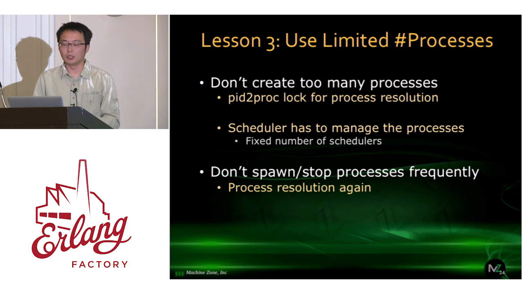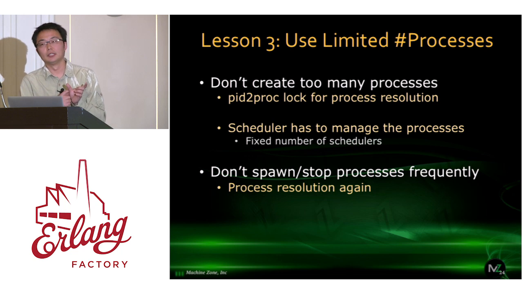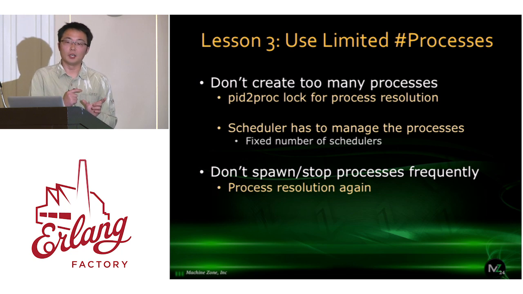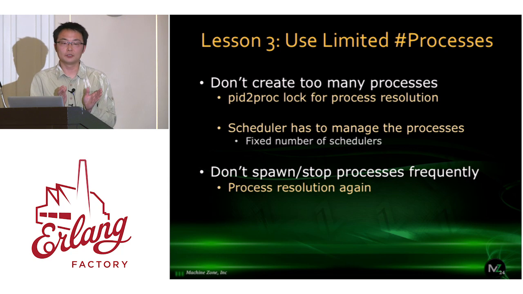We have this one global pick-to-proc lock, and when we did this experiment and launched like 100K processes at first, you observe a freezing period in the Erlang VM where nothing moves. Then afterwards, things begin to move.